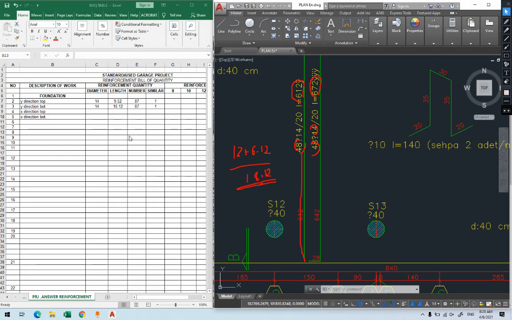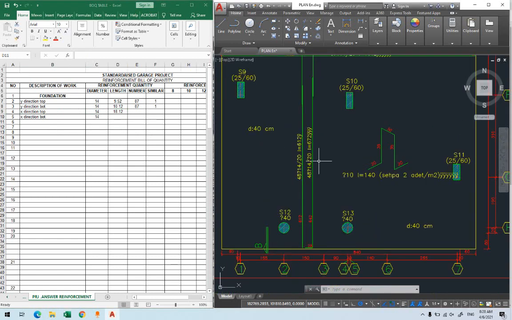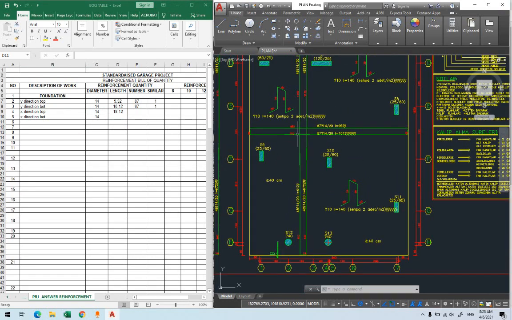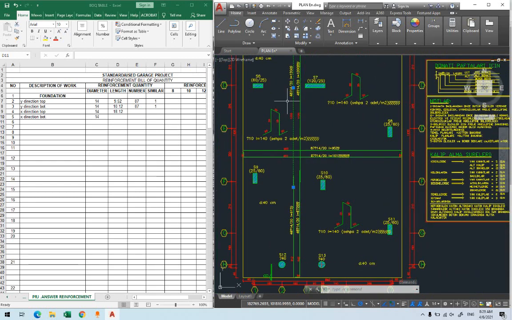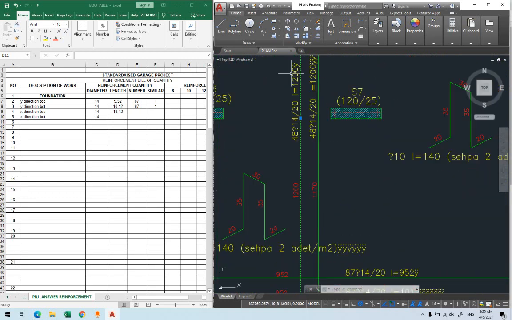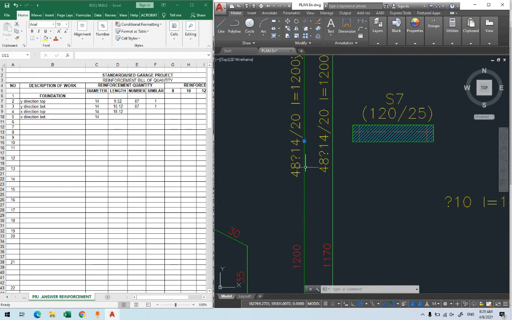So we're going to go back to the table. For the X direction top, the diameter 14, both of them. For the top, we calculated 18.12. This 18.12 comes from where? Repeating again. It comes from the two parts of the reinforcement. This is one, which is starting from here, comes a straight bar 12, 1200 centimeter, 12 meter.